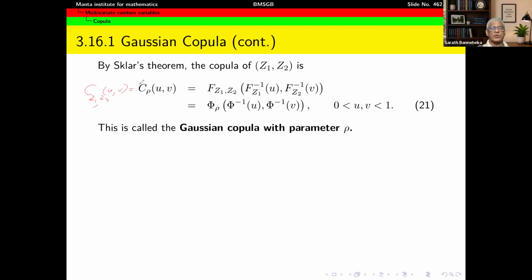That's what I denote by C_rho here. And that's according to this formula that we got earlier. We can substitute the expression. So this expression is Phi_rho. This is just Phi_rho. And this one is Phi inverse of u, and this is Phi inverse of v. Right? So this copula given by this expression is called the Gaussian copula. Right? Gaussian copula.